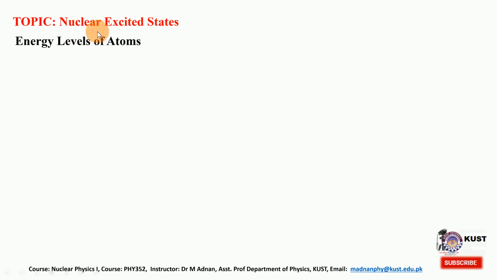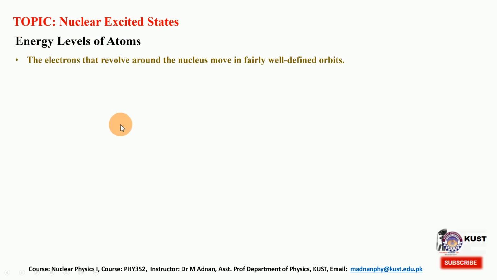Before we start with the nuclear energy level and excited state, we need to review the energy levels of an atom. You already know from your atomic physics course that electrons that revolve around the nucleus move in fairly well-defined orbits or energy states.